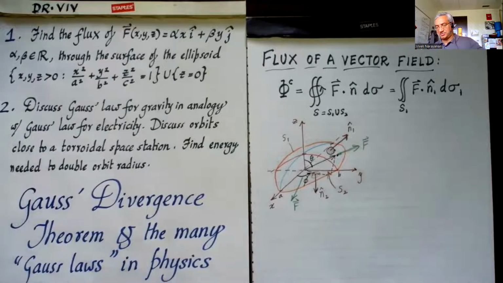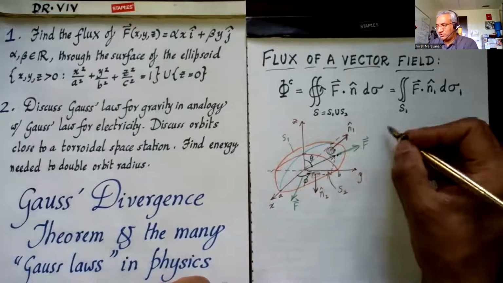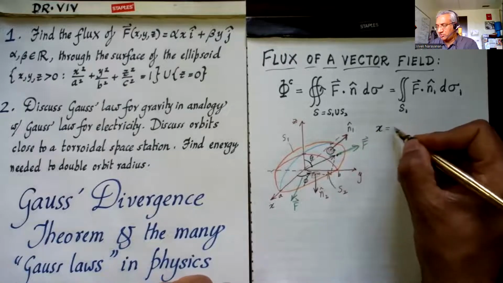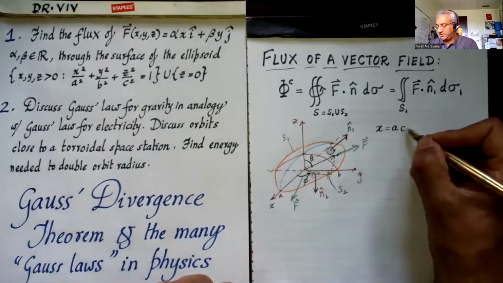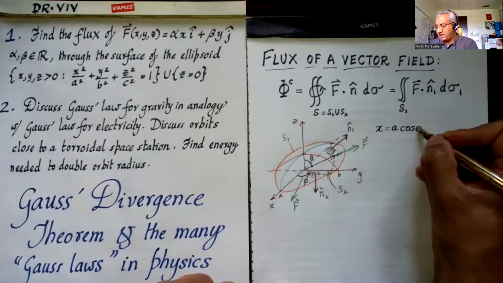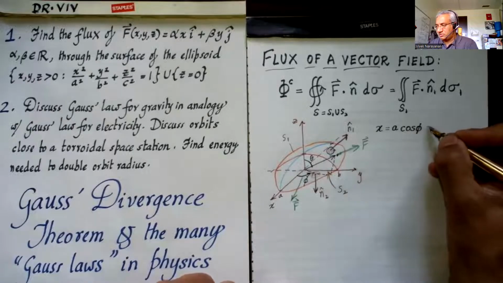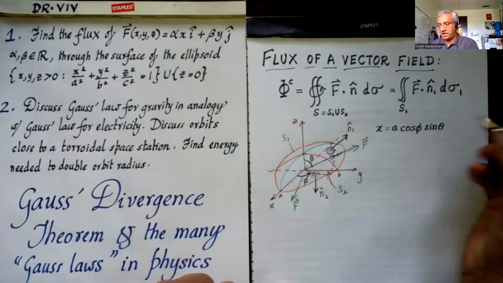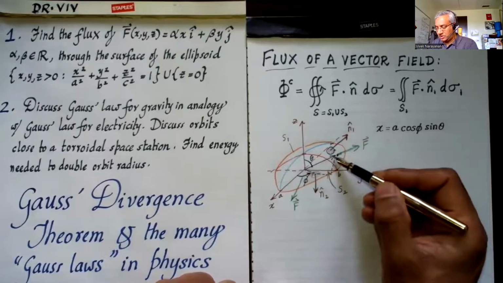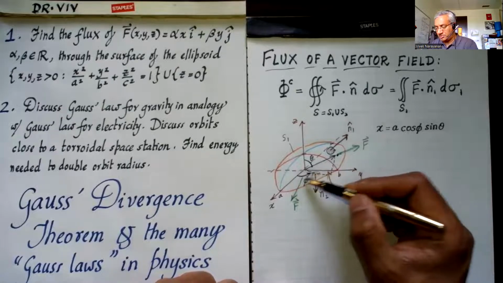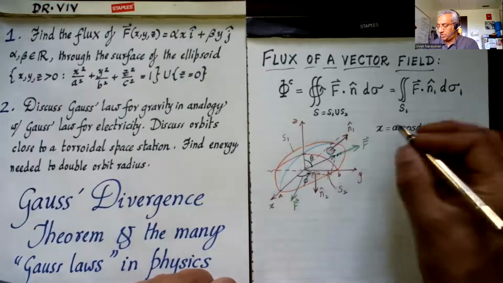I can't think of anything else. So I'm going to write x equals a cosine phi sine theta. That makes sense because if I project down, it's going to be a sine of theta, and then cosine phi in the x coordinate.